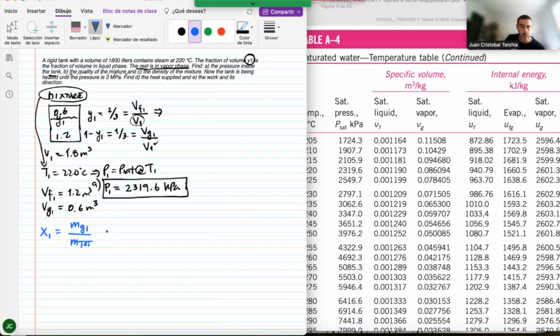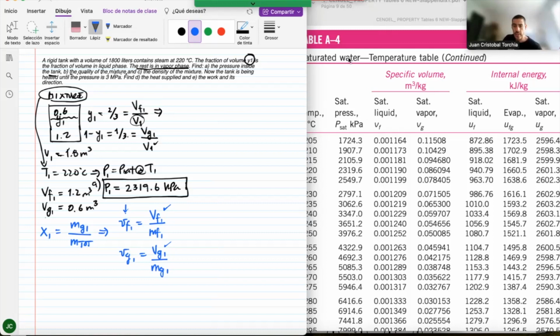I would take that vf1 equals Vf1 divided by mf1, which is one way to call the specific volume of the liquid phase. And vg1 equals Vg1 divided by the mass of the gas phase at 1. This one I already have, this one I already have, and this one I can get from the tables, right at your right.